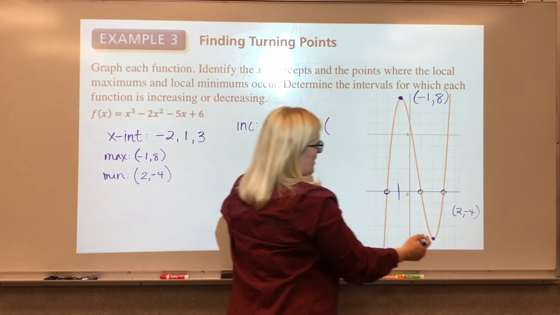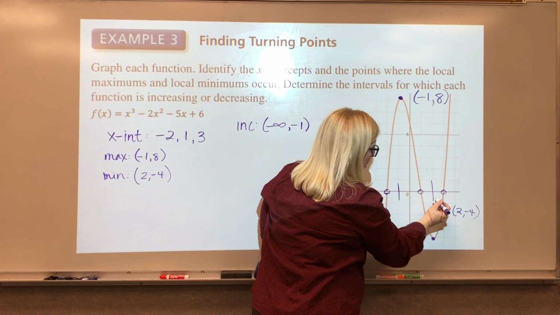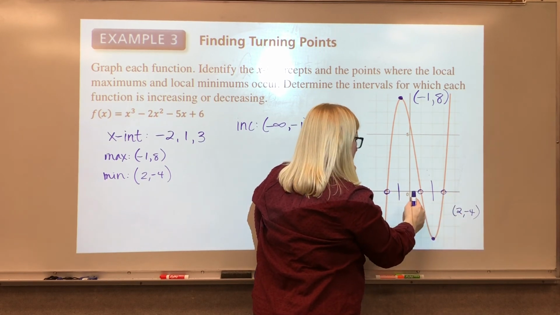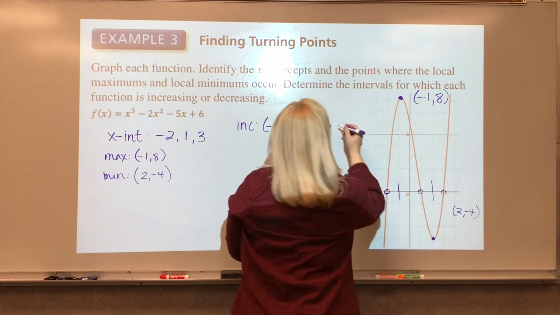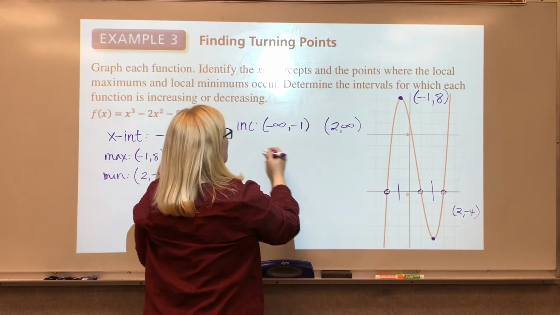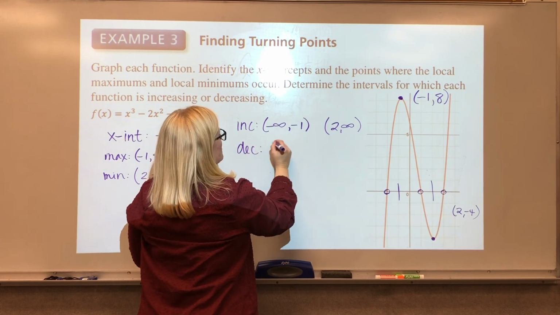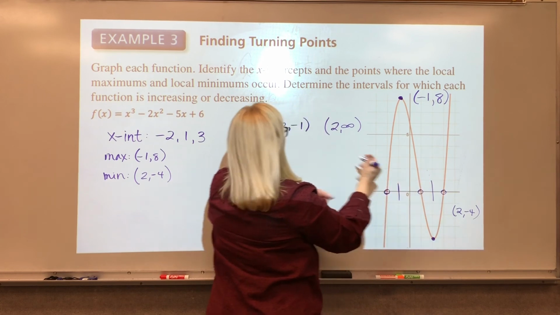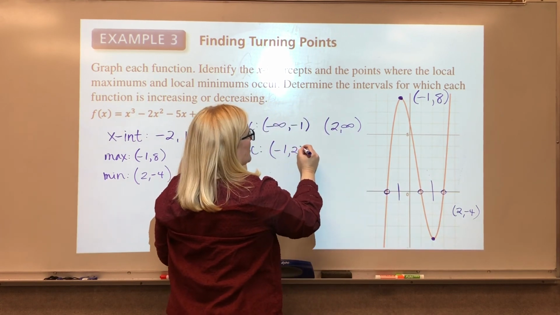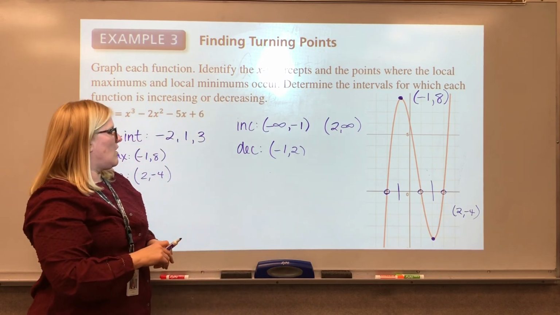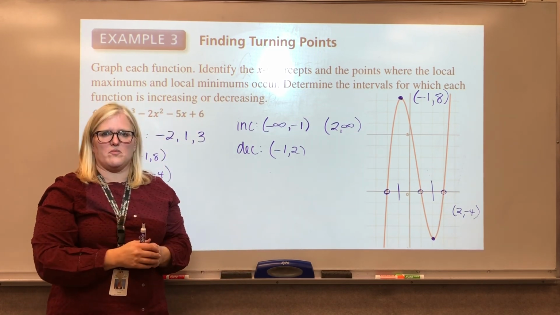It's also increasing from this point right here to infinity. So this is the point 2 to infinity. So it's got to be decreasing between those. So we're going from negative 1 to 2 is where it is decreasing. Hopefully you remember that from before.